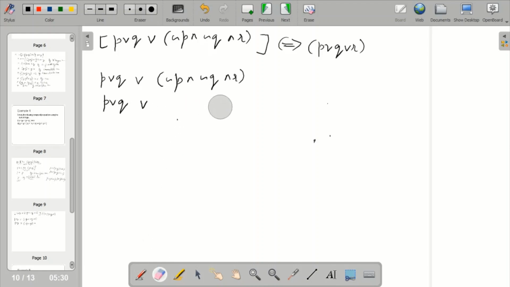We'll write as it is. So this is in the form of De Morgan's law. So it will be P or Q and R. So this is what we will get: P or Q and P or Q and R, we got it.